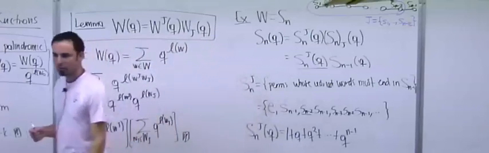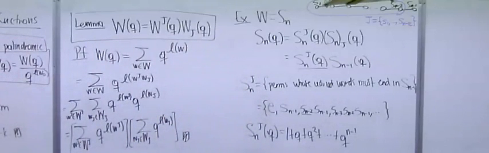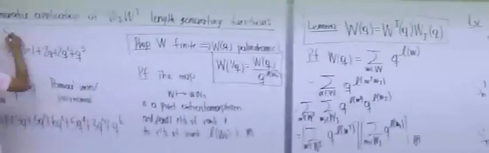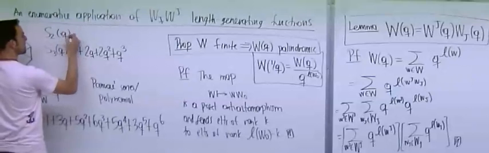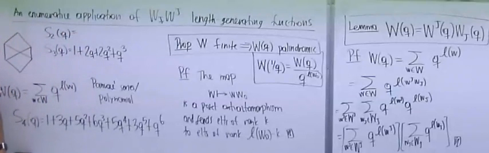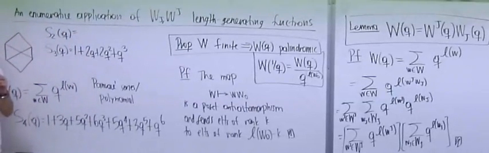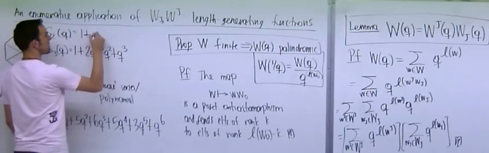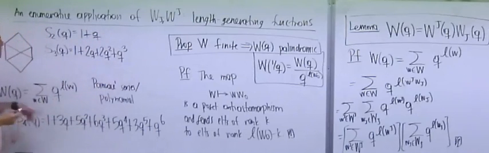Okay. So let's see that in action here. Well, first of all, what is S2 of Q? This is just having a single generator, so the elements are either the identity or the generator. What's S1 of q?